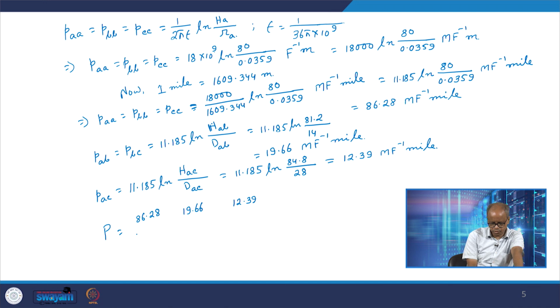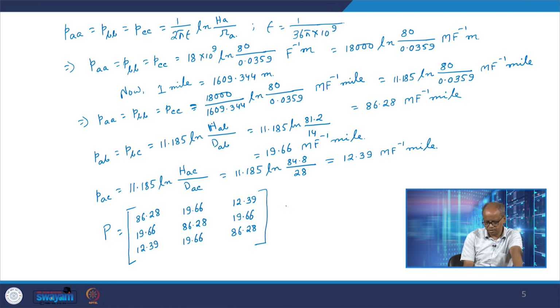It is again 19.66 because it is symmetric, and it is 86.28, and PBC is 19.66, and now PCA is 12.39, and then it is PBC is 19.66, and PCA is 86.28.